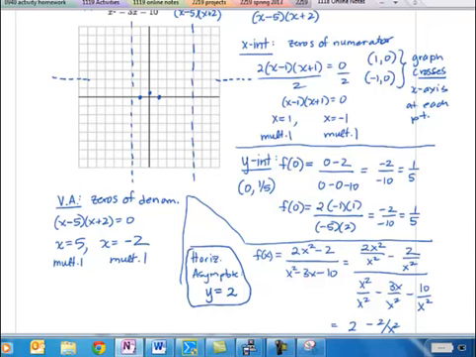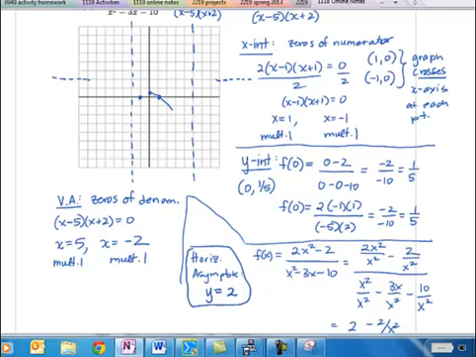So now let's use what we know about the x-intercept multiplicities to at least sketch the interior part of this graph. Starting at the y-intercept and moving to the right, we know that we have to cross this x-intercept. So we know we're going to be on the negative side of the x-axis as we cross this x-intercept.